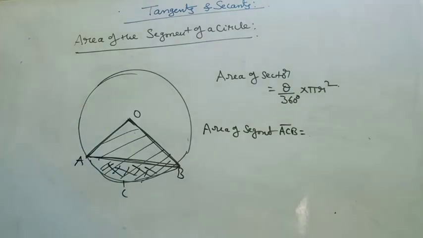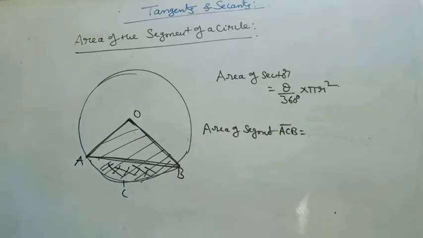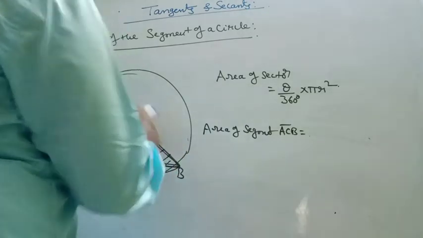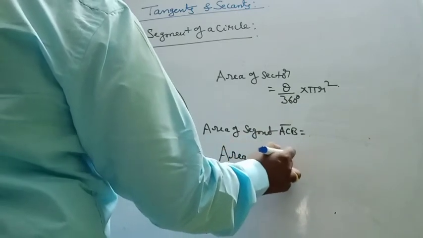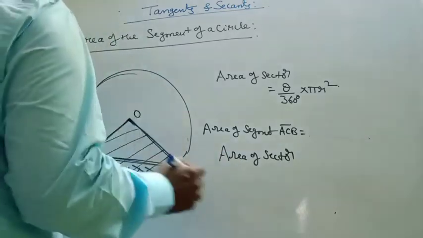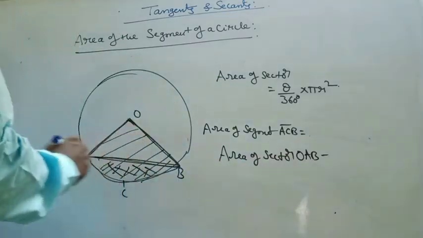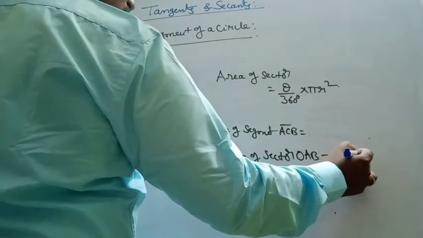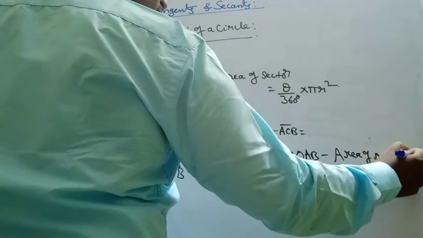Area of the segment ACB is equal to the area of sector AOB, sector meaning this total OAB, minus the area of triangle OAB.